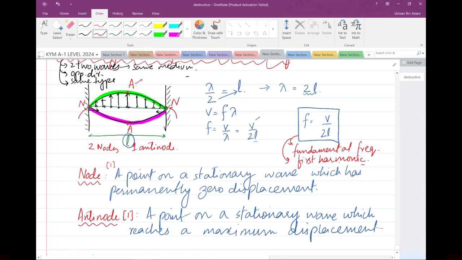It means this instrument, let's call it an instrument, cannot produce any frequency that you want.